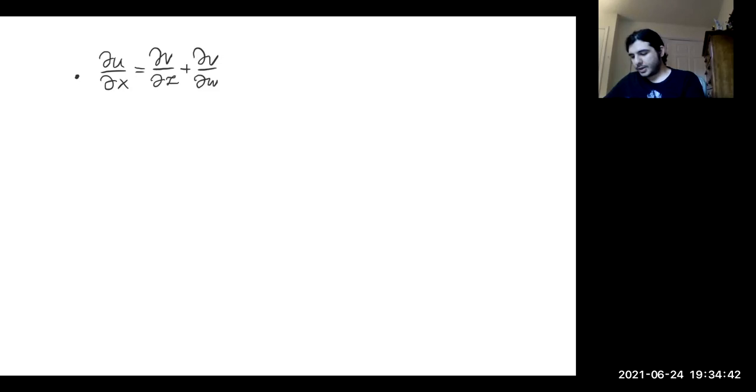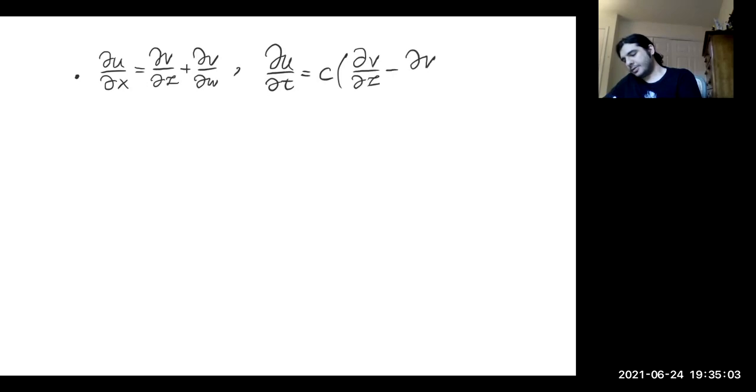The other equation was the derivative of u with respect to t is equal to the constant c times the derivative of v with respect to z minus the derivative of v with respect to w.